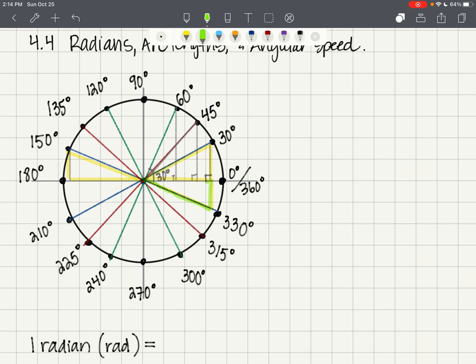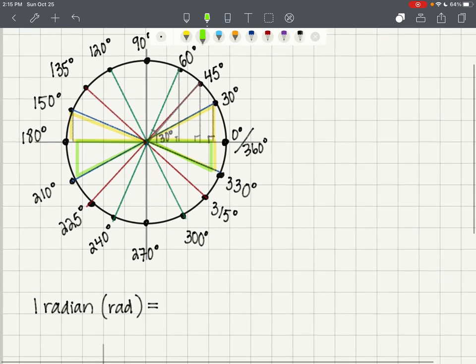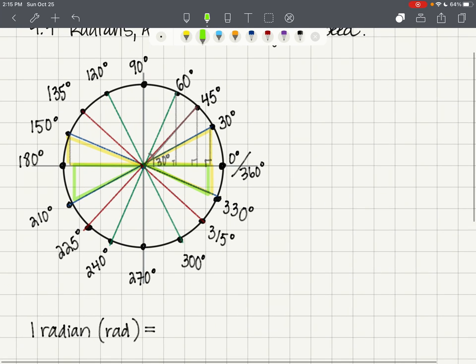See, it's reflected over the x-axis, just like that. So you've got the same triangle in quadrant 1 as you do in quadrants 2, 3, and 4. They all just have different x and y signs. So we'll talk about that more in detail in a little bit.